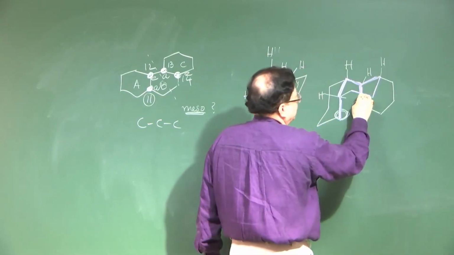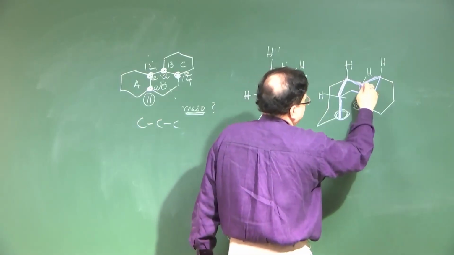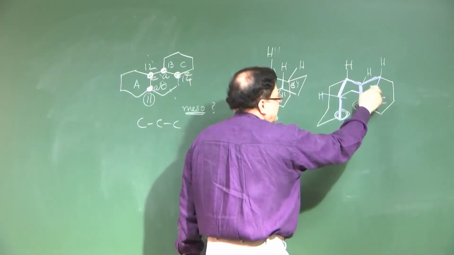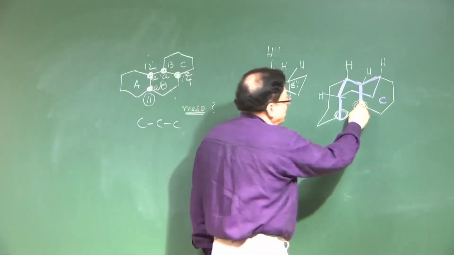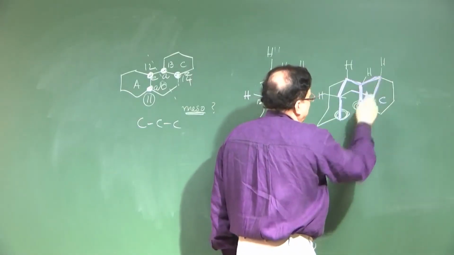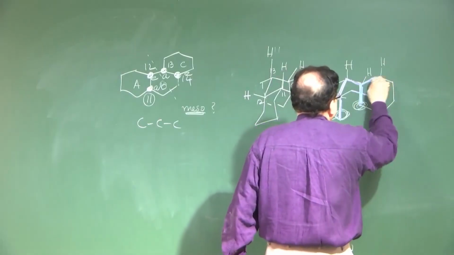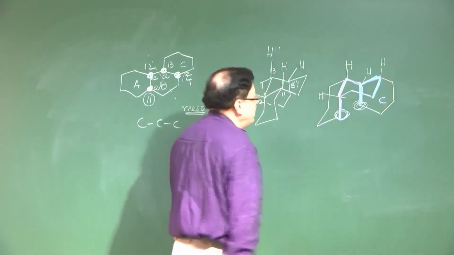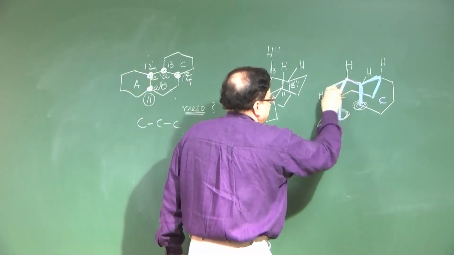Let us see this bond and this bond belongs to the C ring and this appears to be axial to the B ring. So, there is one extra here and there is one more additional one.